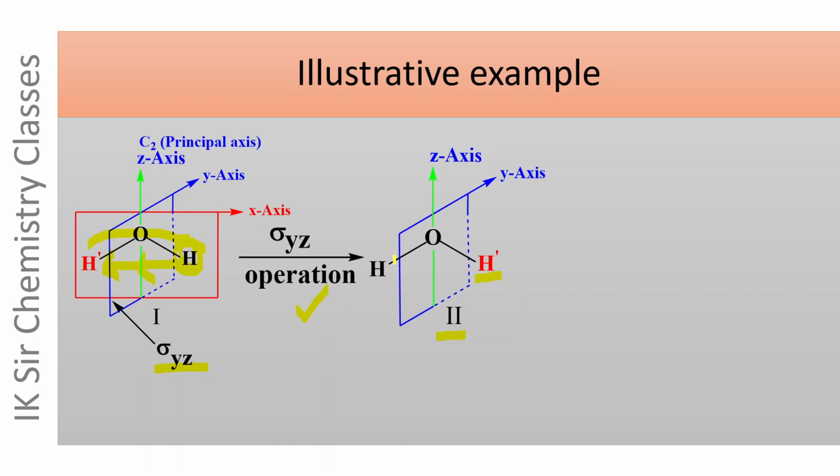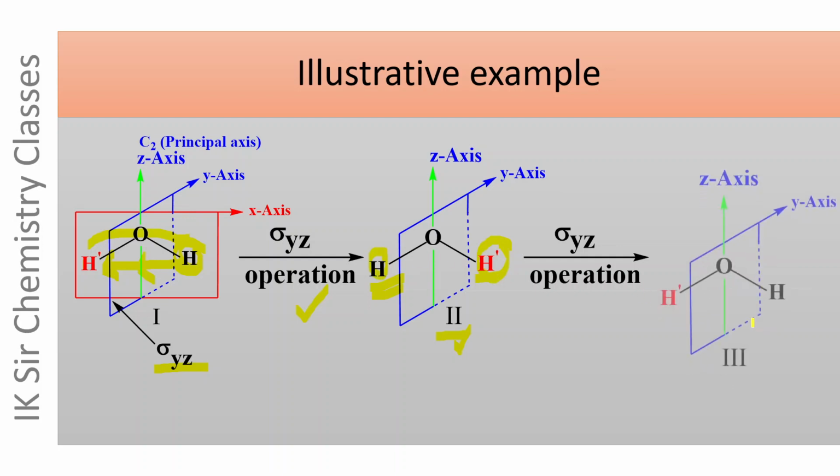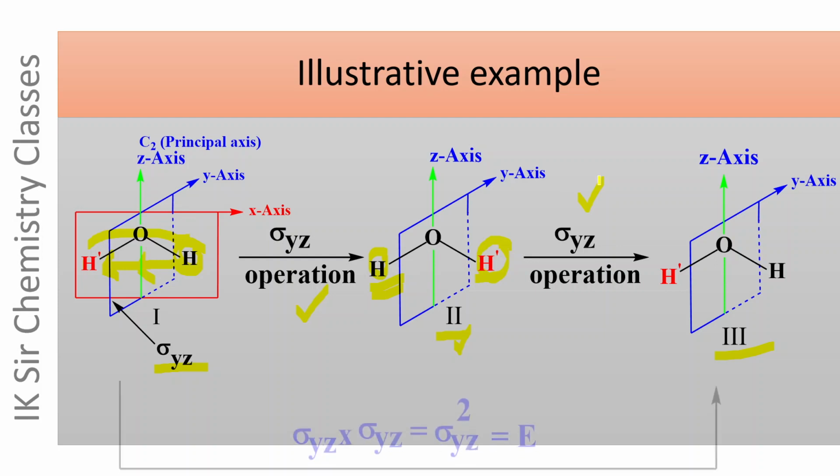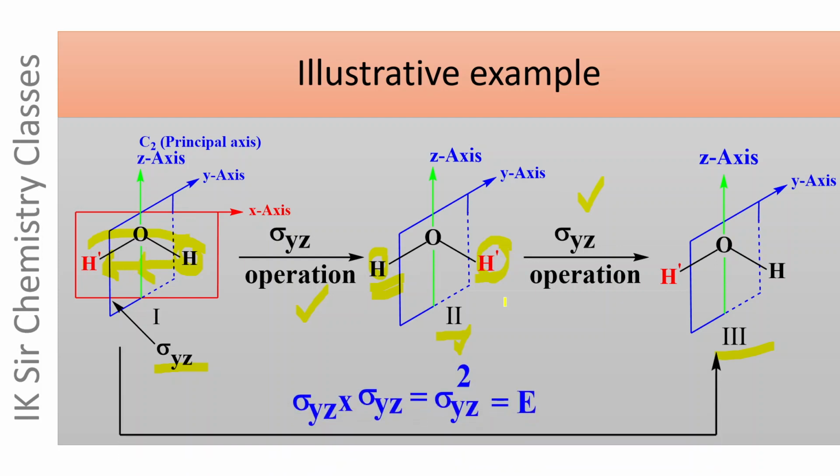Let us apply sigma yz operation on orientation number 2. As a result, the reflection of this H dash atom will be obtained here and the reflection of the image of this H atom will be obtained here, as in orientation number 3. Orientations 2 and 3 are also indistinguishable and hence it is a reflection operation or sigma yz operation. Orientations 1 and 3 are identical.